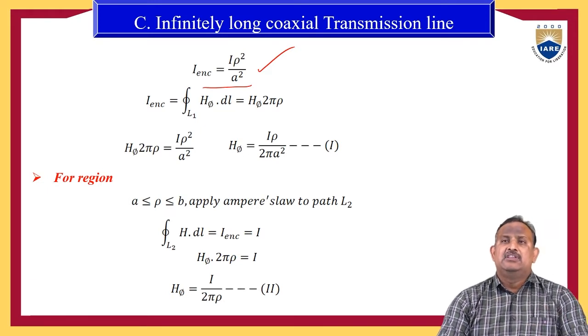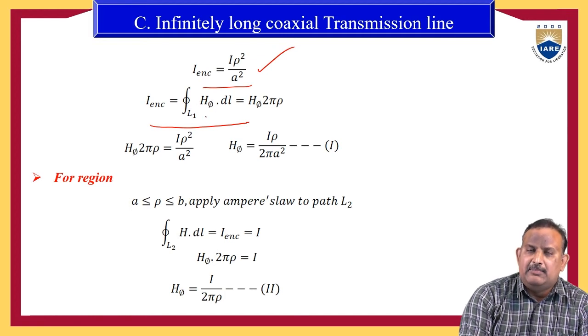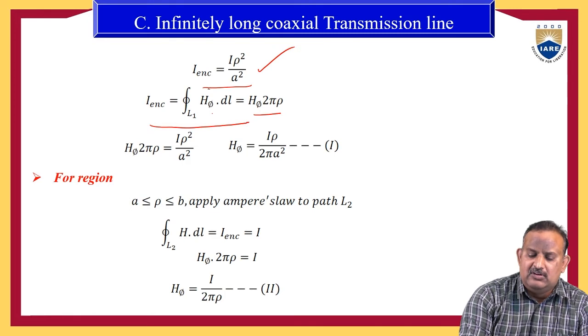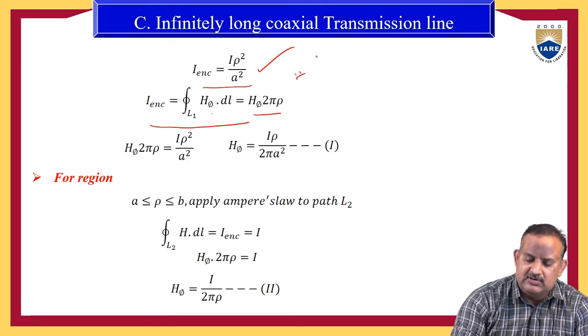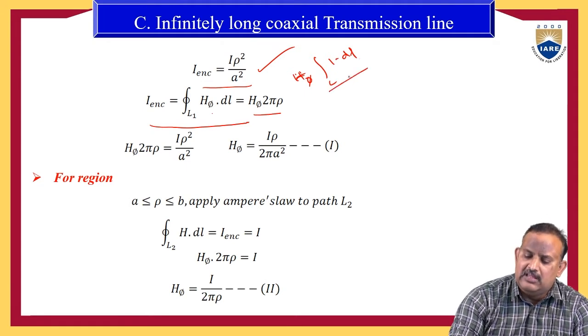Now we can find out the magnetic field intensity. Here, I enclosed is equal to the line integral of magnetic field intensity H into dl, which is H phi. Because H phi is a constant, we can keep it outside, H phi into the line integral of 1 into dl.